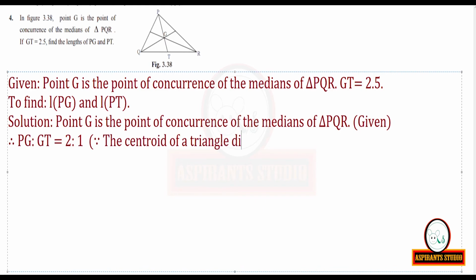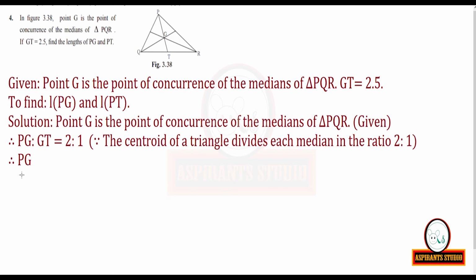You have to write the reason: the centroid of a triangle divides each median in the ratio 2:1. Here the point of concurrence of the medians, G, is the centroid. So PG is to GT is equal to 2:1, which can be written as PG upon GT is equal to 2/1.